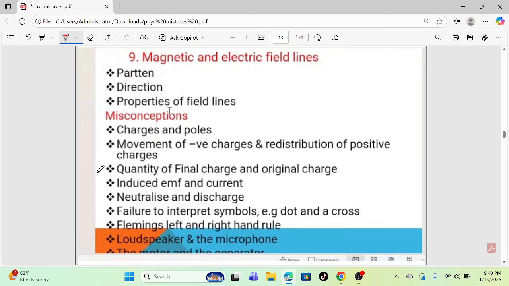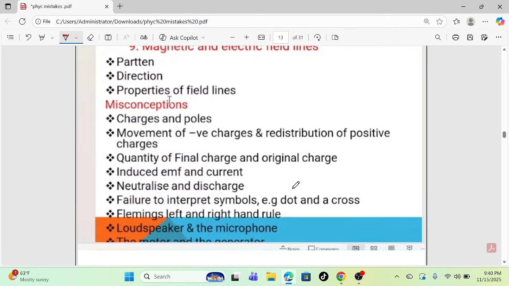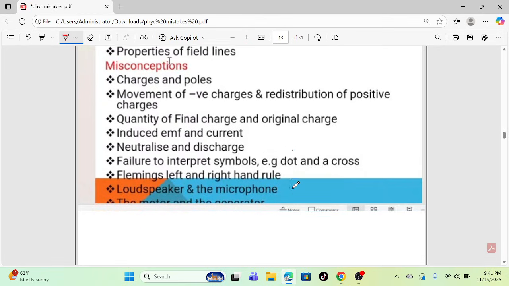Also students confuse neutralize and discharge, which are totally different. Failure to interpret symbols, for example dots and crosses: a dot means out of the page, a cross means into the page. You have to interpret. Fleming's left and right hand rules: when should I use the left hand and when the right hand? Very important.